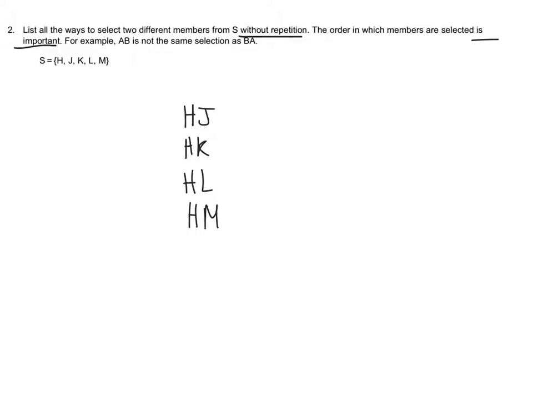Now I'll move on to J. J can be paired with H because HJ is different from JH. So I'm going to list JH.